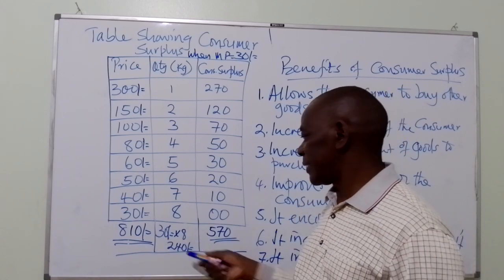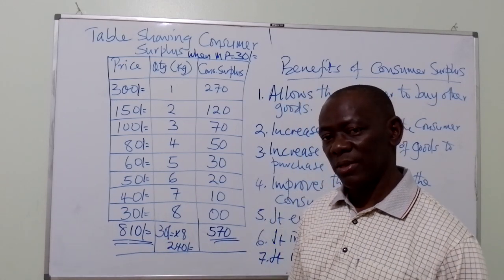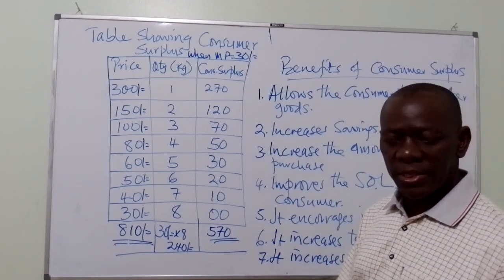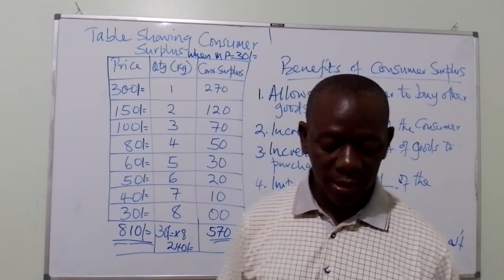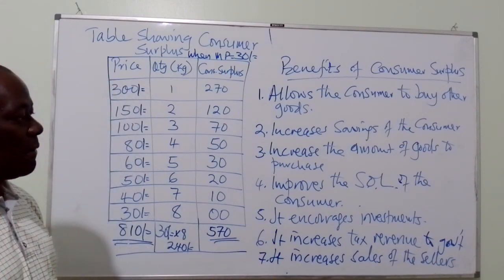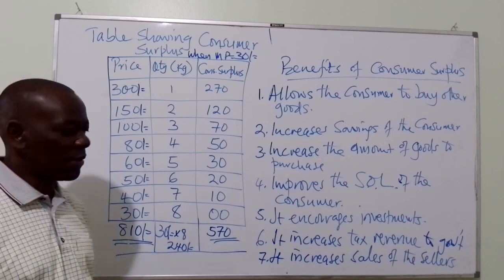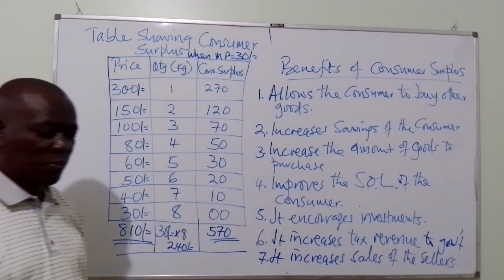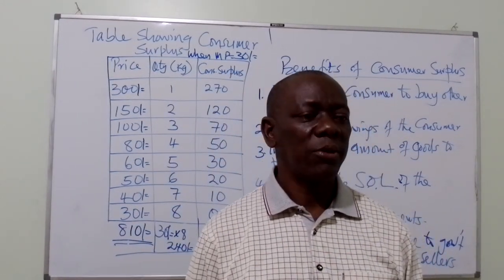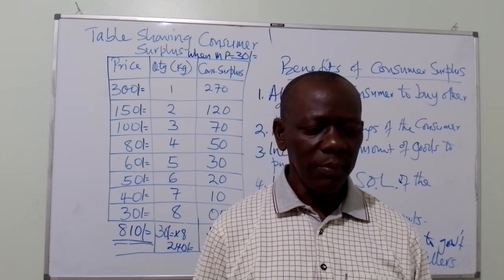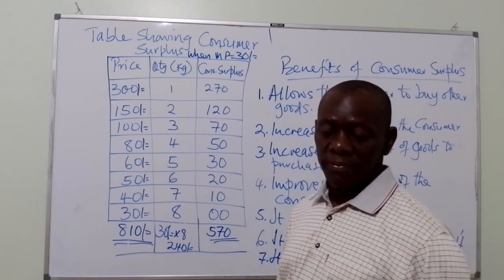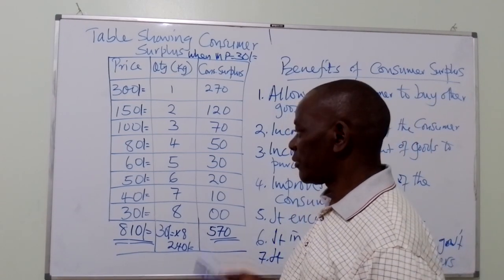Say, oh, it is 30. Now give me 20 kilograms instead of the 8 I had come for. That means the seller is going to have more sales from the consumer surplus. So it increases the sales of the sellers by the consumer using the consumer surplus to buy more commodities or a variety of commodities. So those are the benefits that we are going to have when you gain a consumer surplus. I think this exhausts and fully explains the consumer surplus.